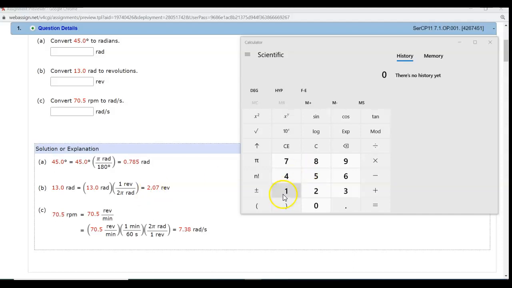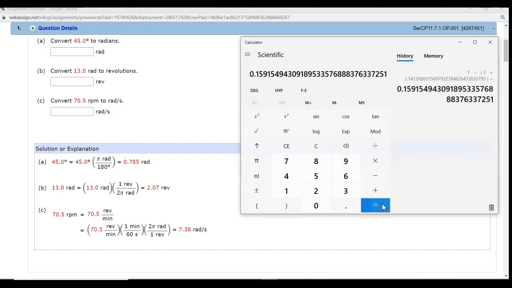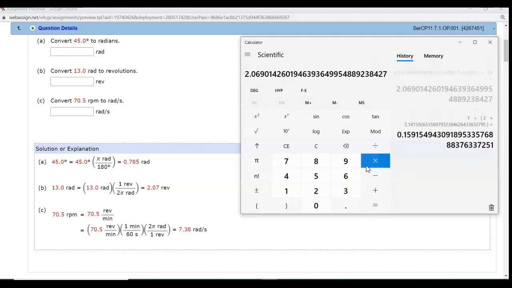All right, so I'll take the 1 divided by 2 times pi. And then I multiply that by the 13. And I get 2.07 because I'll round it to 3 significant figures.